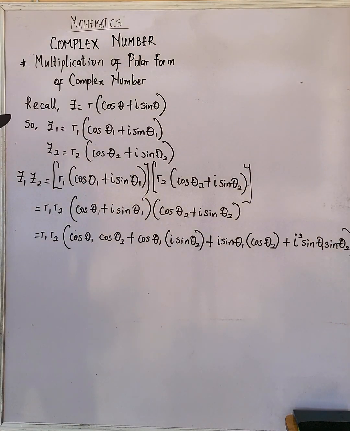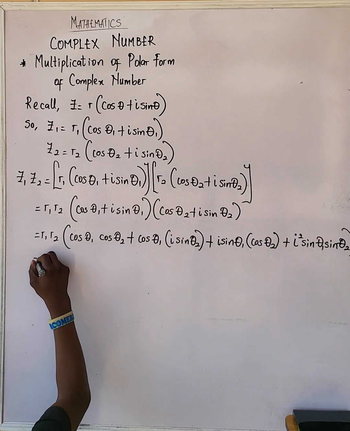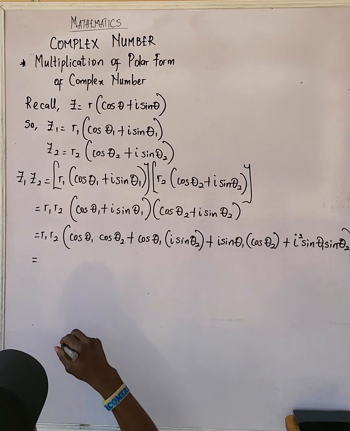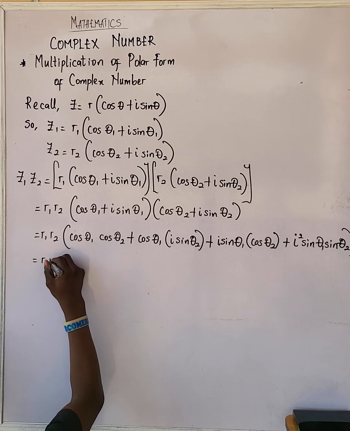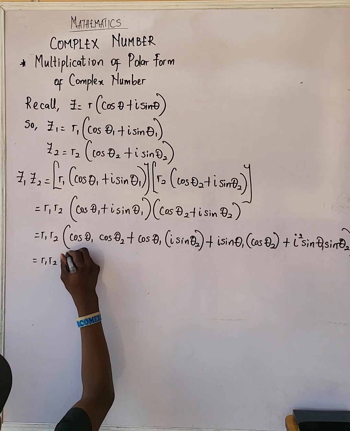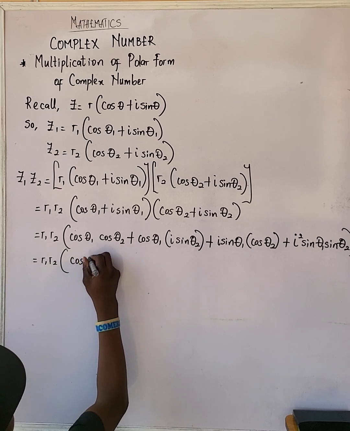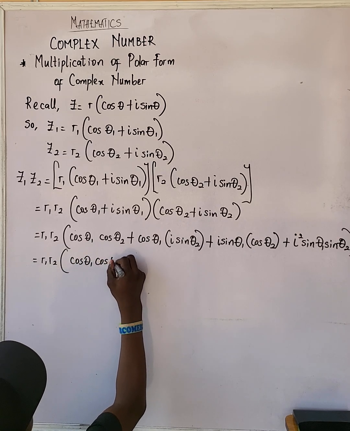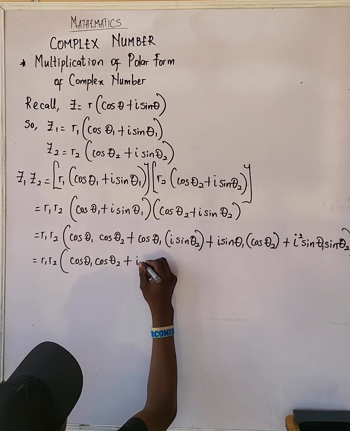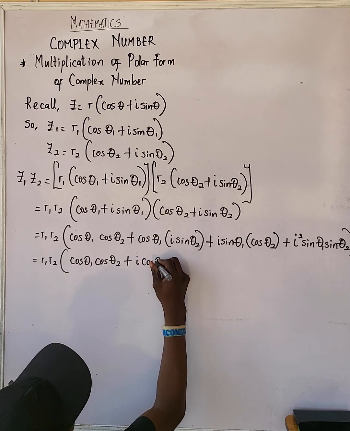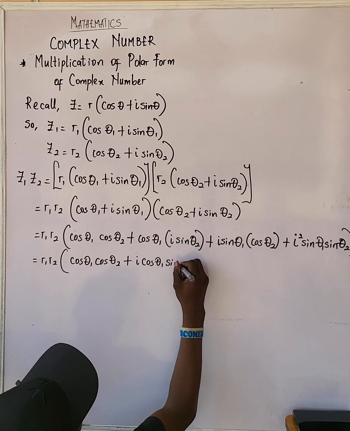Now, before we separate them from each other, let's just write it very well. R1, R2, then into bracket, here is cos theta 1 cos theta 2. Then plus i cos theta 1 sin theta 2.